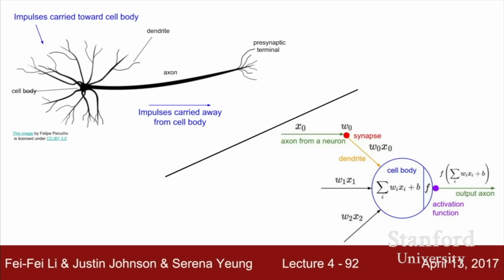So now if we look at what we've been doing so far, right, with each computational node, you can see it in a similar way, right, where nodes are connected to each other in the computational graph, and we have inputs or signals x, right, coming into a neuron.